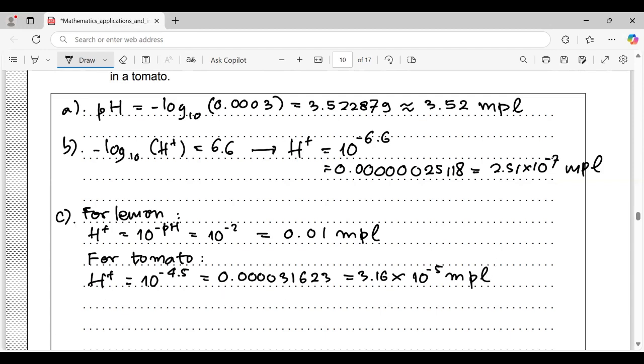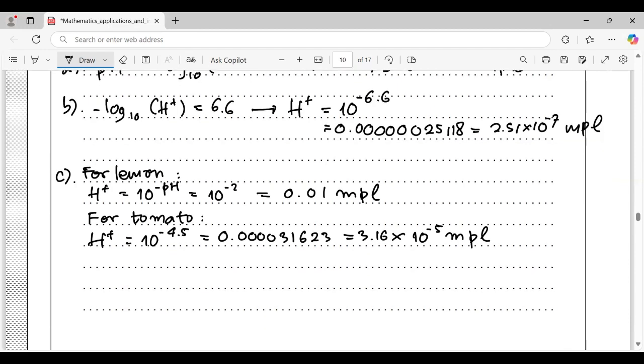Now, let's find the ratio. The ratio is 10 power minus 2 over 10 power minus 4.5. This one over this one.